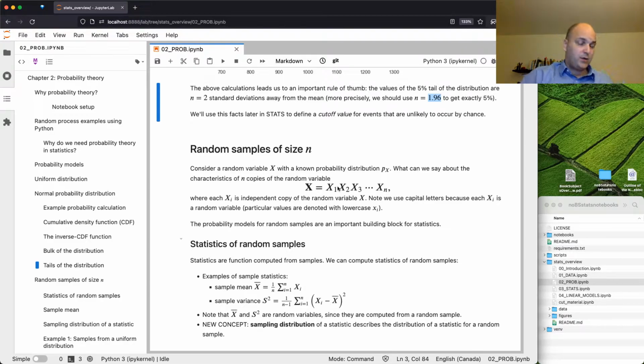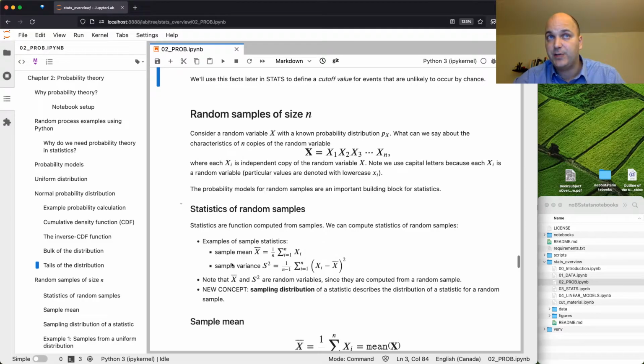And why do we care about this? Because this is what we do in statistics. We're going to obtain samples. So we're setting up the math. We need to define the math tools to work on samples. In particular, statistics. So remember that a statistic specifically is a function computed from a sample.